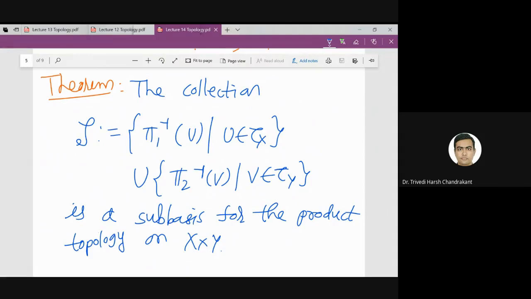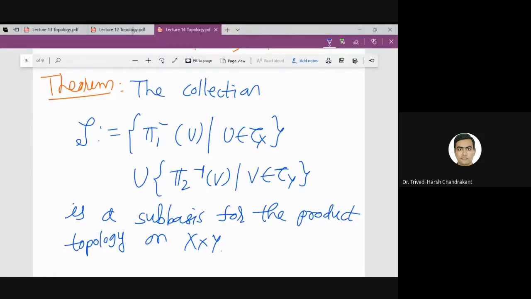So you just tell me what we need to check to prove this theorem. Proof we will discuss later. Sub basis, we already discussed that it generates. Just a minute. Hello, am I audible? Okay.